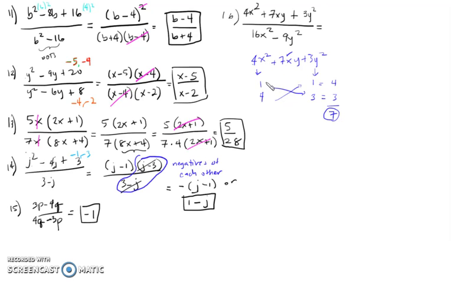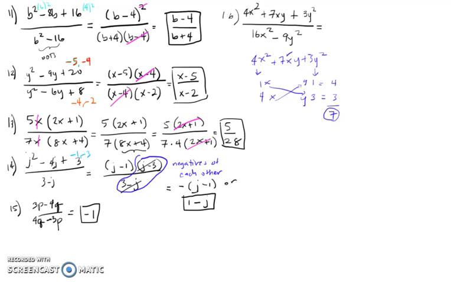Since this is for x and this is for y, the factors are x and y. So the factor would be, we could rewrite this.